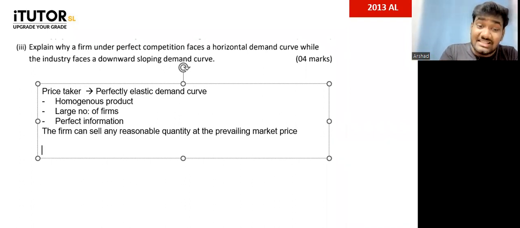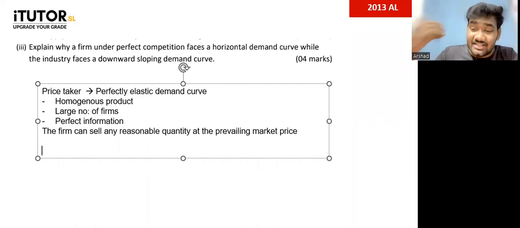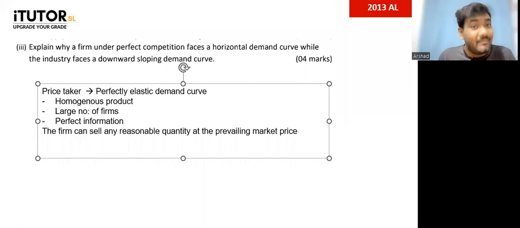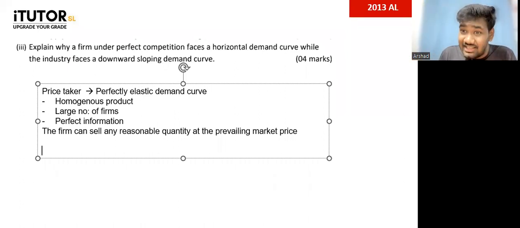Then guys, why does the industry have a downward sloping demand curve? Now, is the industry itself a perfect substitute to another industry? Or let's say the rice market, is the rice market a perfect substitute to another market? No, right? One firm is a perfect substitute to another firm. One rice farmer and another rice farmer are perfect substitutes, correct? But if you take the entire rice market or the rice industry, is that a perfect substitute to another industry?